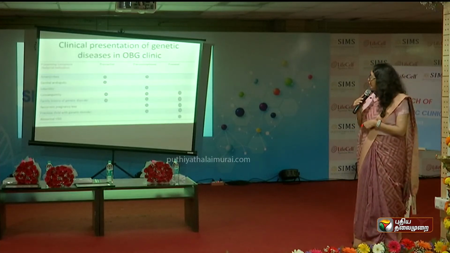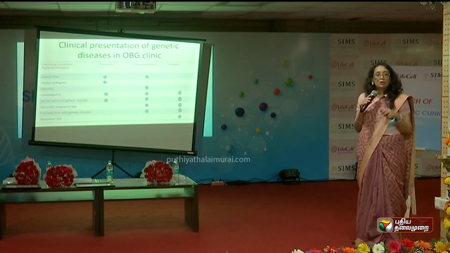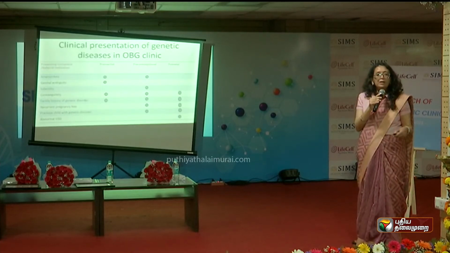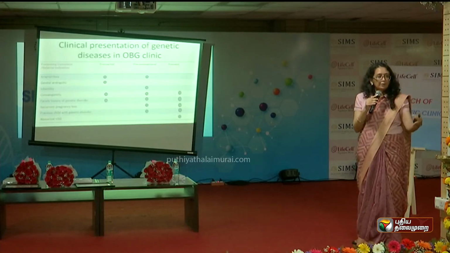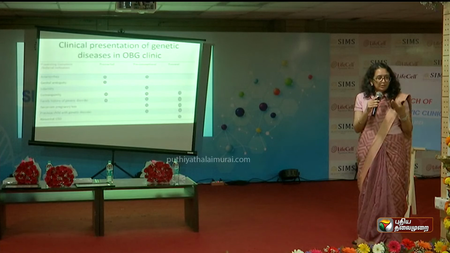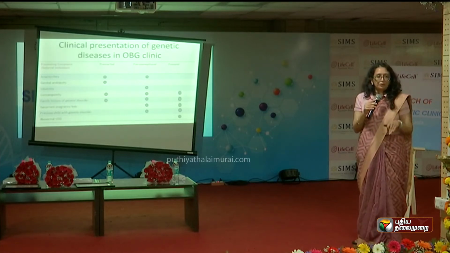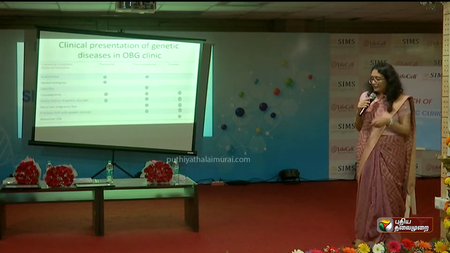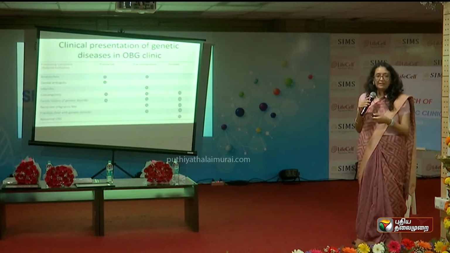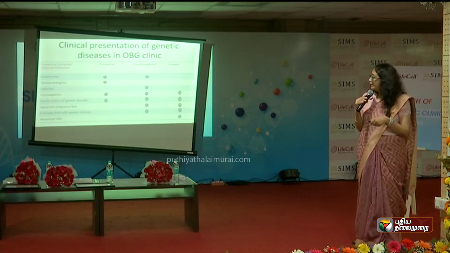Or many times patients come after they become pregnant, either because there is some problem in the ultrasound, or because often in our country they are referred very late. They go to the obstetrician and the obstetrician finds out that the previous baby has some problem, and then they come to the geneticist asking what is the chance that this baby can also have the same problem. So these are the various settings where we need to think, maybe the patient has a genetic disease, what should I be doing next?